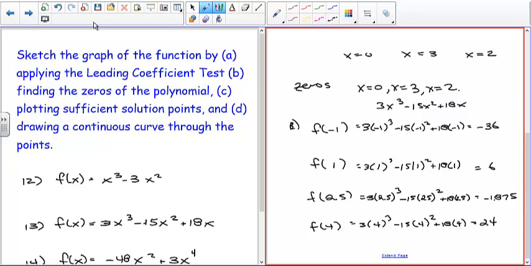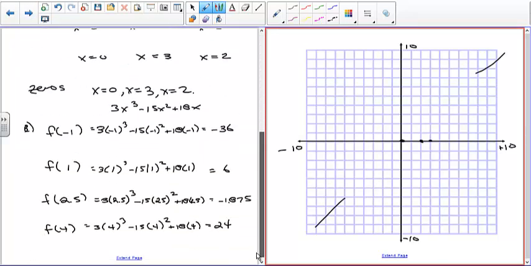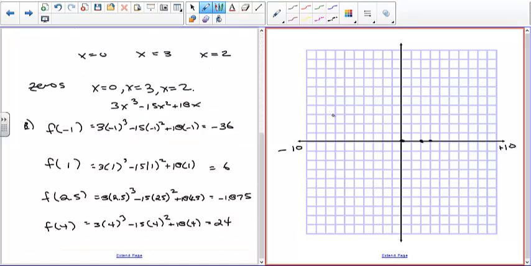Okay, so those are our points, but I'm going to change the scale here. The x scale is okay. The y scale, I'm going to go up to 30, I think. 36. So let's go to 40. How about 50?